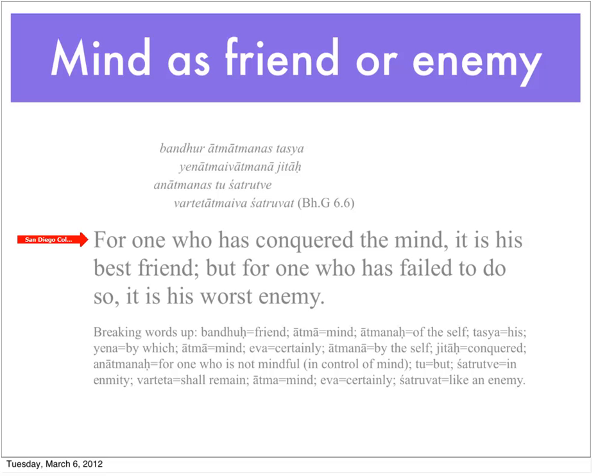So this is a verse that is meant for someone who is aspiring to practice yoga, because part of what is done in yoga is to learn to control the mind. We have learned that the mind is a separate thing from the self, although the mind is the seat of consciousness.